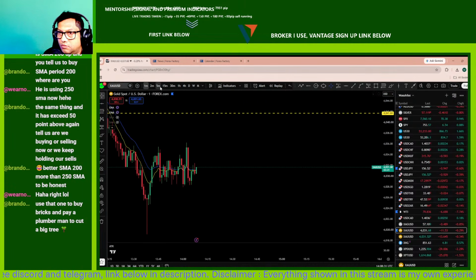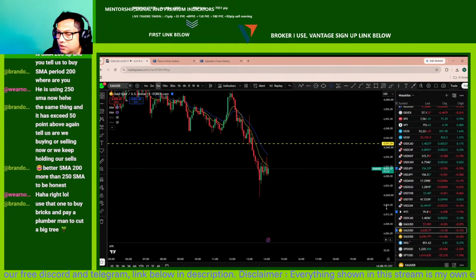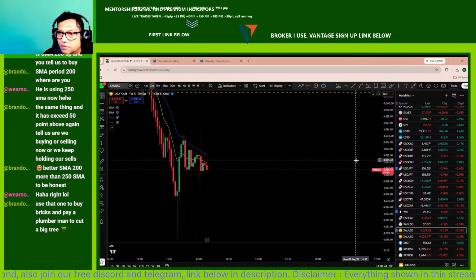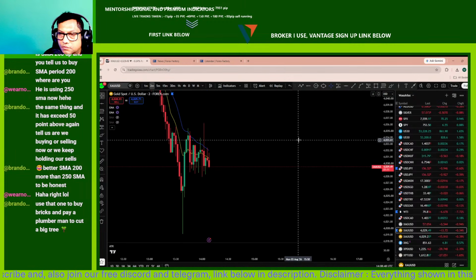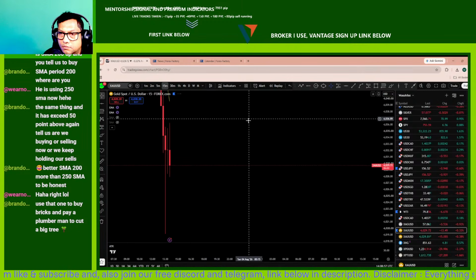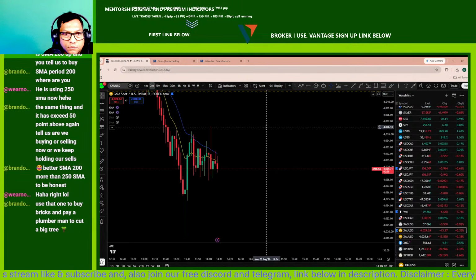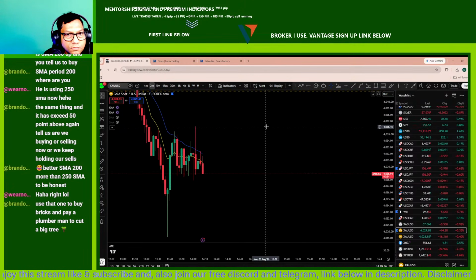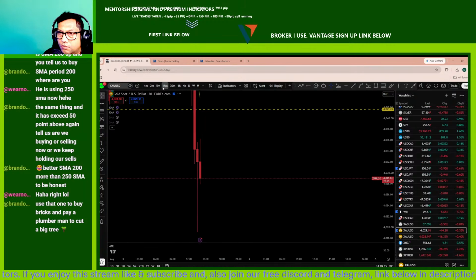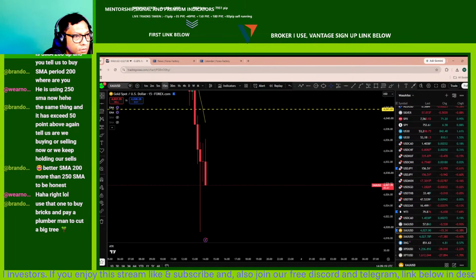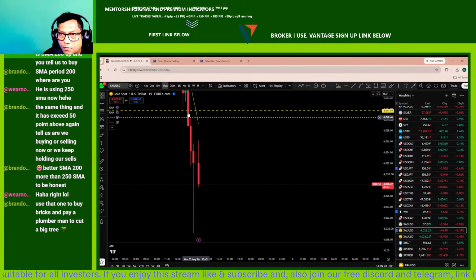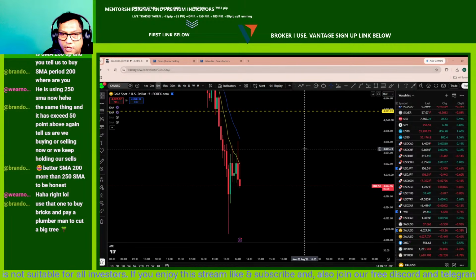You guys can see that, just a very unusual consolidation here, and trying to break below. So the market trend is still remaining in a downtrend.